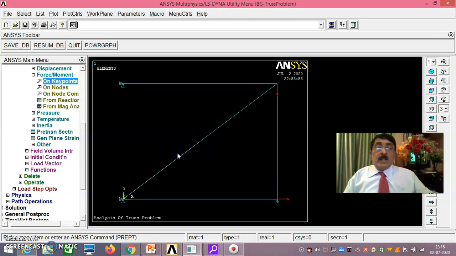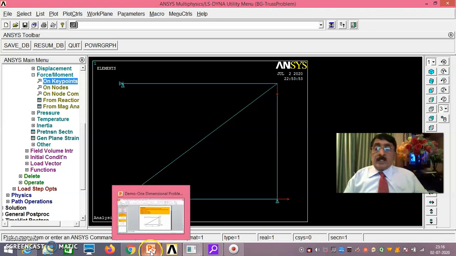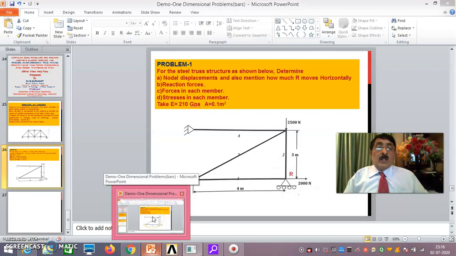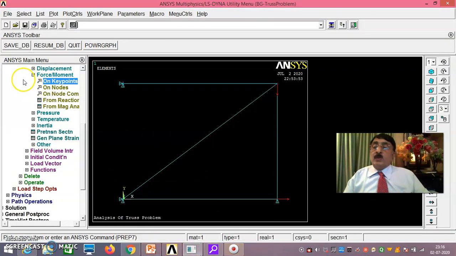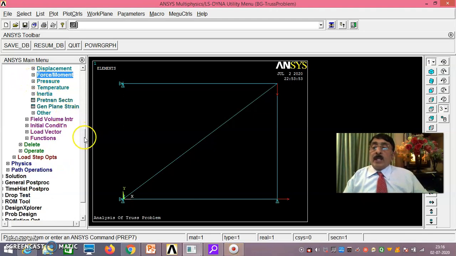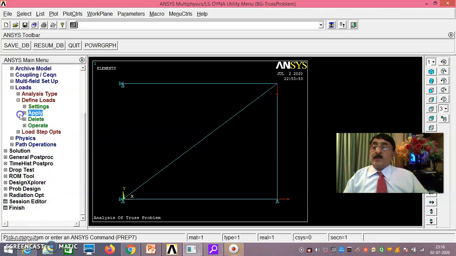So you just check the model, it is this. 2000 and 2500, I think I have applied correctly. Then you come to this. Once you do all this, you have loaded here, and you have loaded here. Now it is ready for solution.